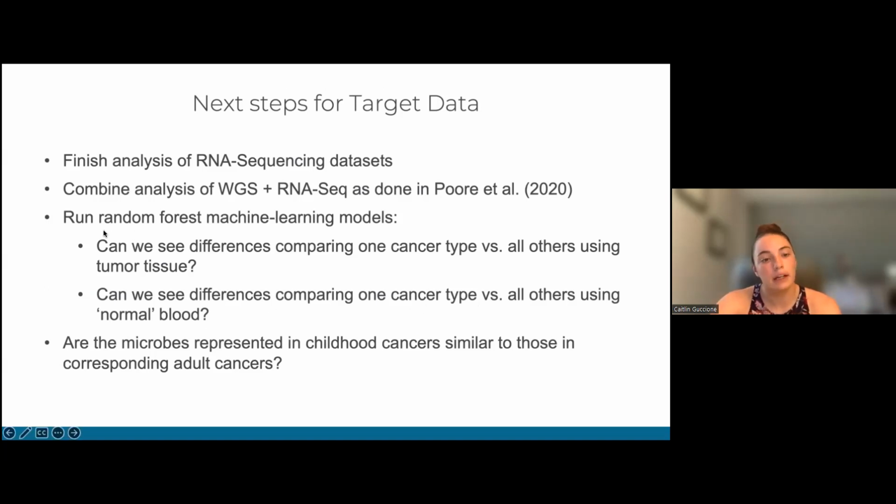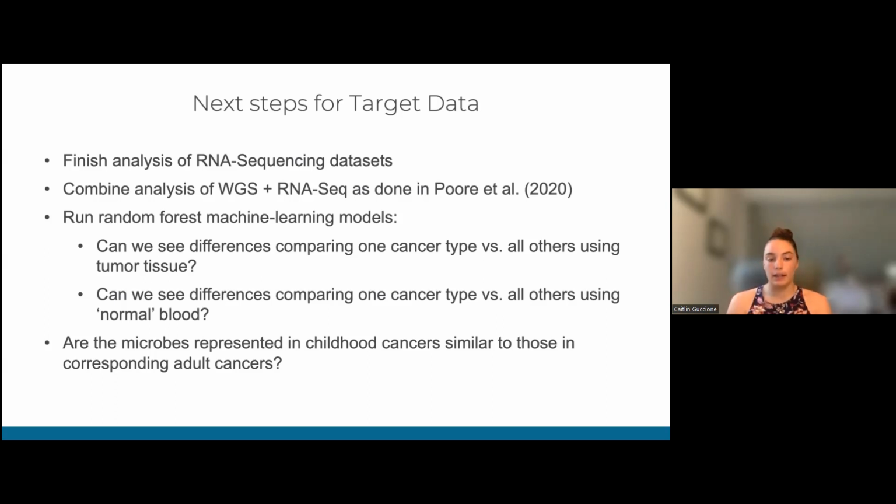And then from there, we hope to run random forest machine learning models to answer our original questions that we talked about at the beginning. Can we see differences comparing one cancer type versus all others using tumor tissue? And can we see differences comparing one cancer type versus all others using normal blood?